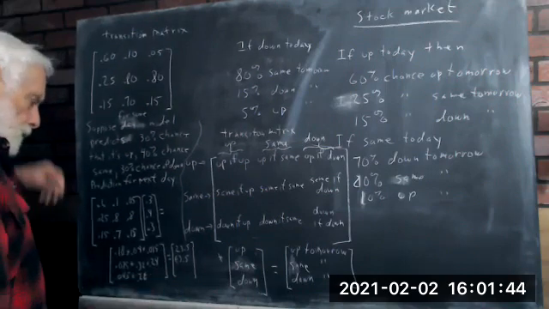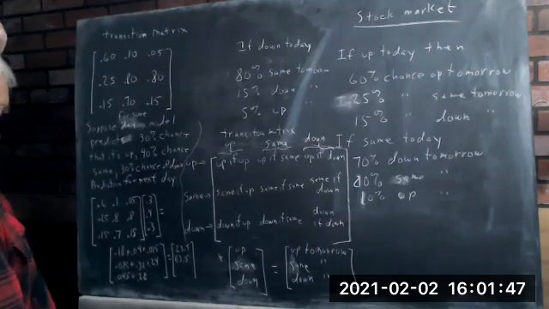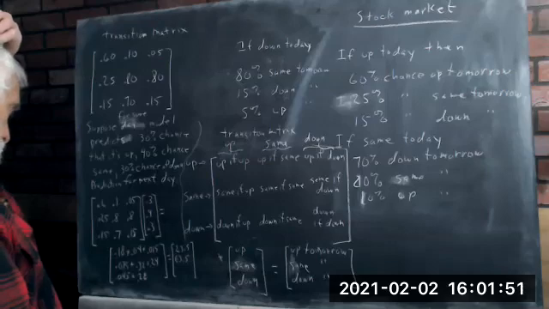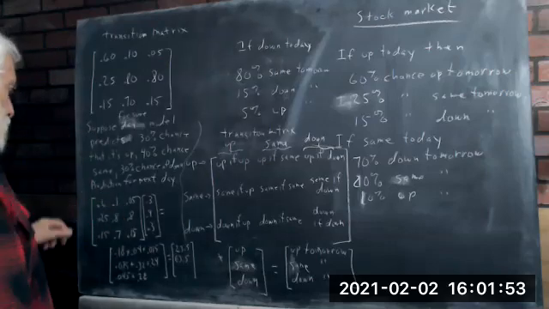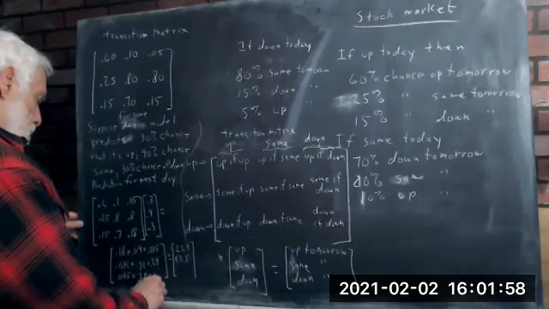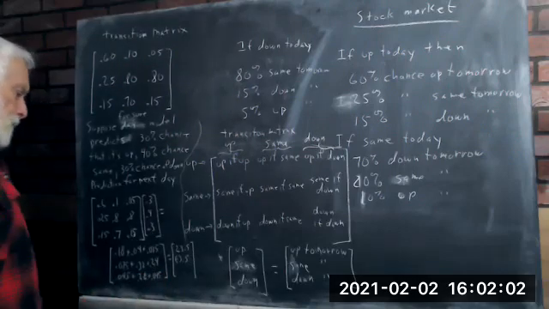And this isn't working out real great. And that's going to give me more than 100%. And then 0.15 times 0.3 is 0.045.